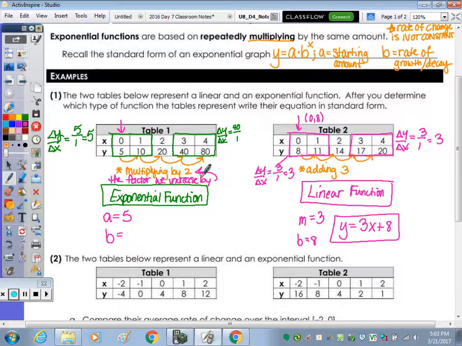We keep doubling the y value. So our b value is going to be 2. That's the factor by which we increase or decrease. So putting this together, y equals, we have a starting value of 5, and each y value is doubled, so it's times 2 to the x.